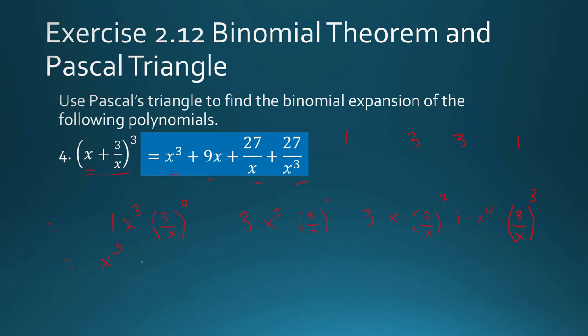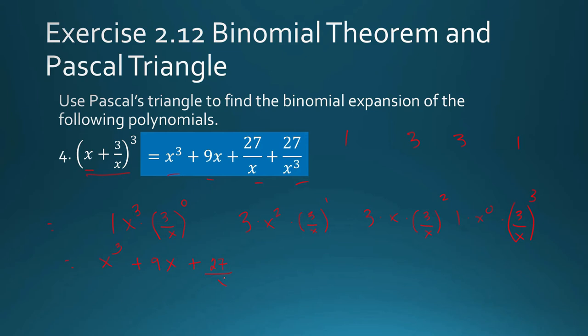This is positive, so your operation here is positive. That's going to be 9, and then 1x gets cancelled. So it's going to be 9 times x plus 3 times 9 is 27, 1x gets cancelled. Plus, okay, so that is just 27 over x cubed.